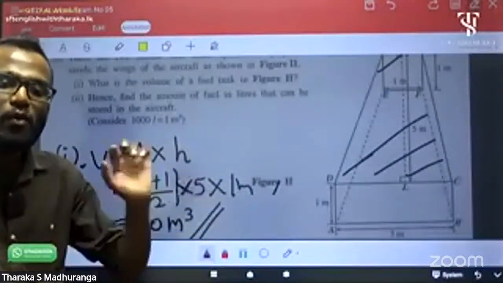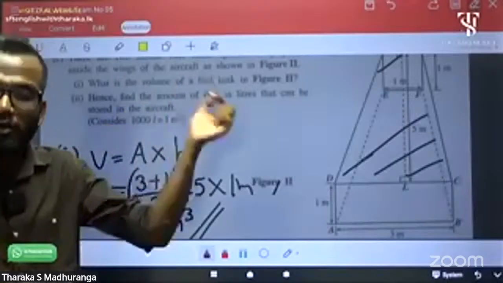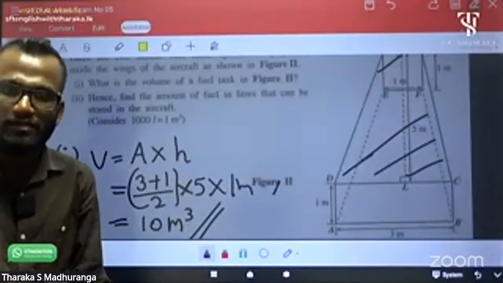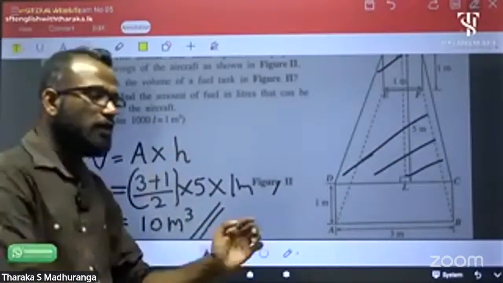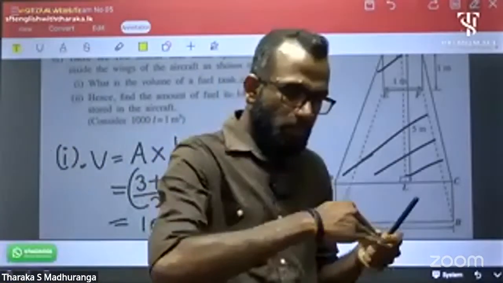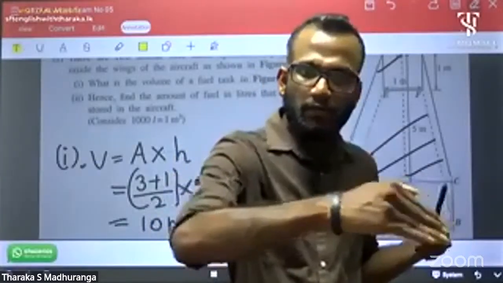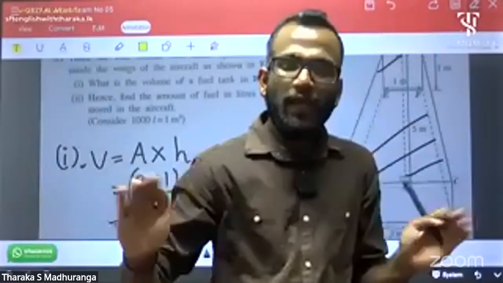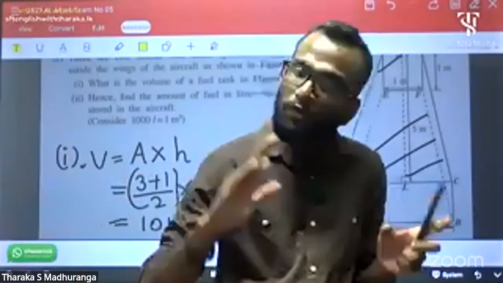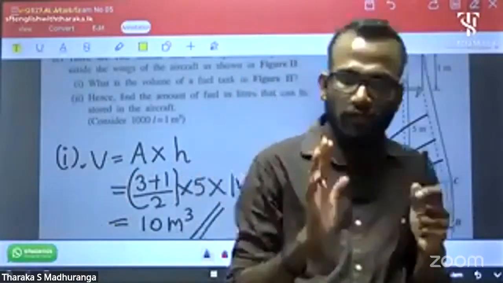I already explained that: 1 cubic meter equals 1000 liters. That's a constant. In the lesson I told you 1 cubic meter means a tank of 1 meter length, 1 meter width, 1 meter height. Any liquid we can fill in this tank is 1000 liters.